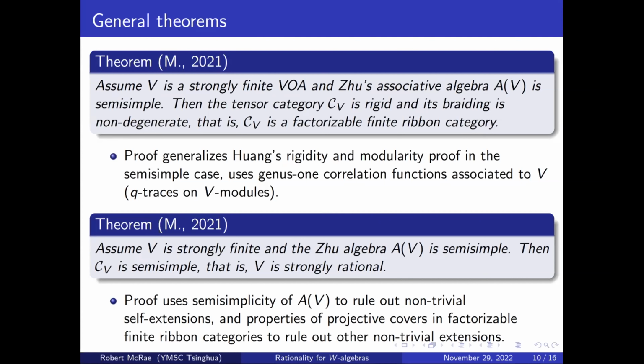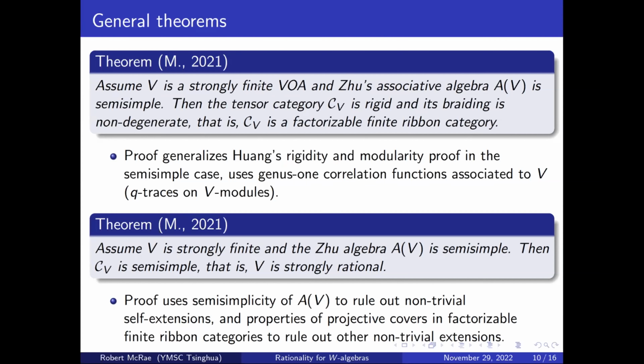For the second theorem, it's more just some fairly abstract algebraic argument. You can use semisimplicity of A of V to rule out non-trivial self-extensions of V modules. And then the key thing, though, is that we need the factorizability.